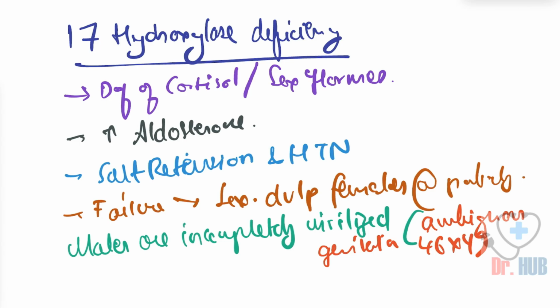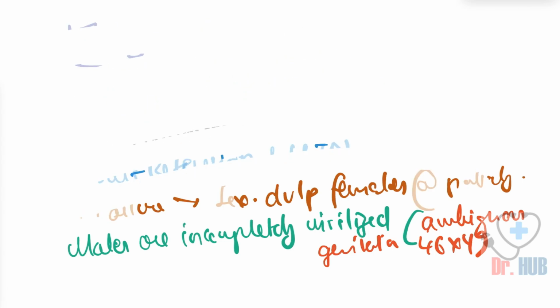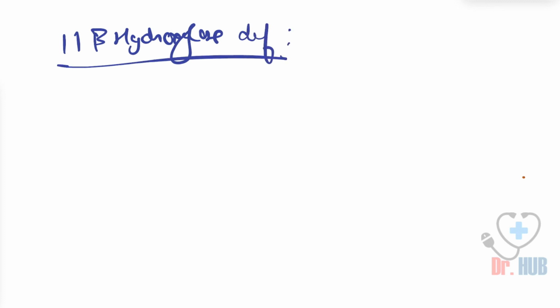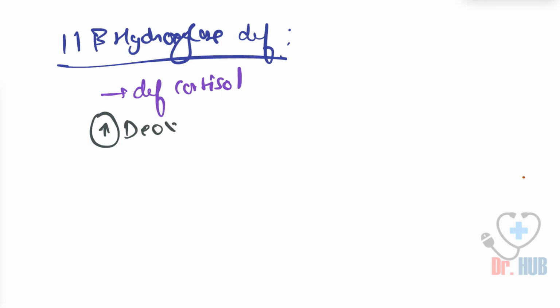Next we move on to the 11 beta hydroxylase deficiency. So what is this 11 beta hydroxylase deficiency? Here it is nothing but the deficiency of the cortisol, and there is increase in the deoxycorticosterone.